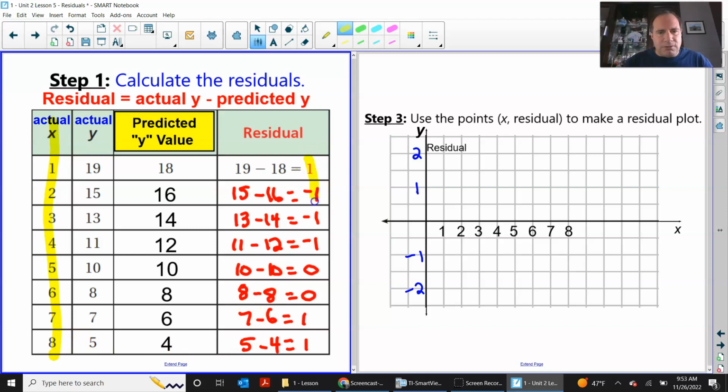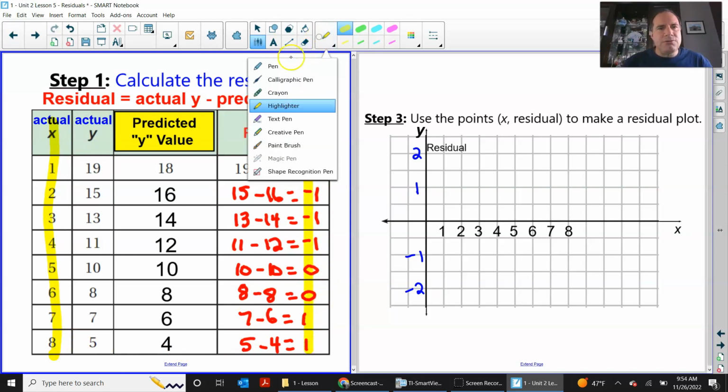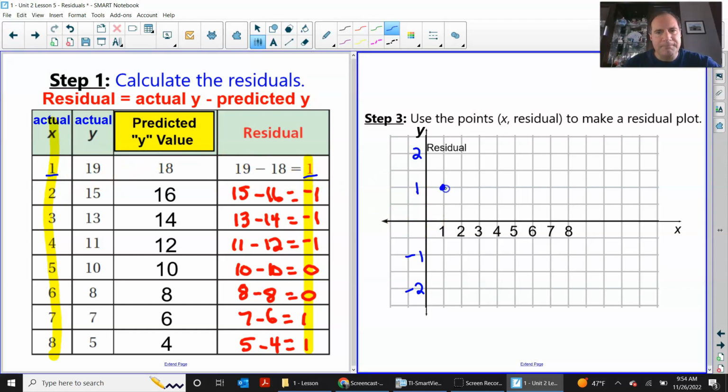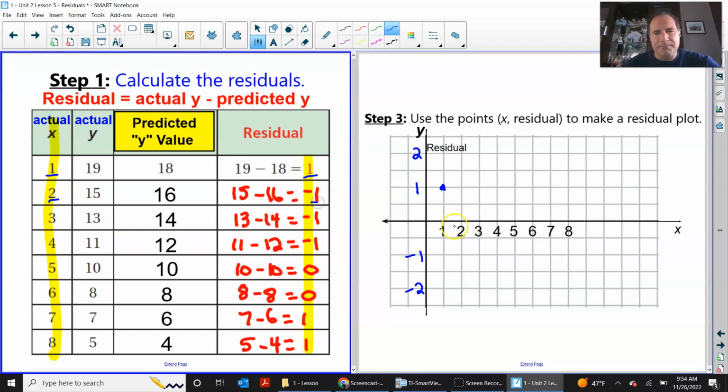The residual is what you're focused on. And when you're plotting your point, you're taking the actual X and the residual, 1, 1. That's why this is 1, 1. That's why this is 2, -1.